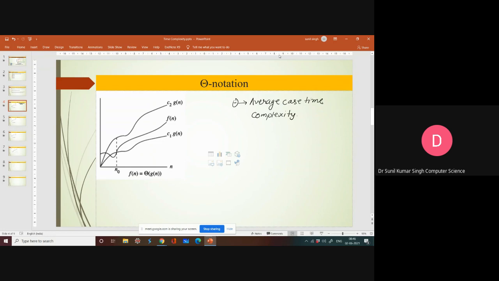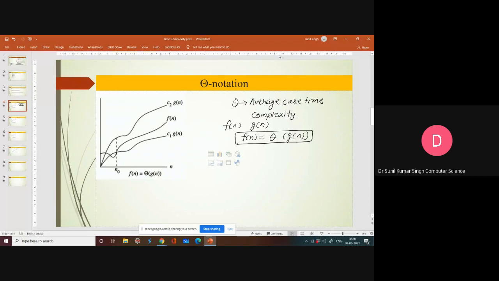In the diagram you can see there are two functions, f(n) and g(n). We have to analyze whether this function f(n) can be expressed in terms of g(n) or not, when we analyze the average case time complexity.